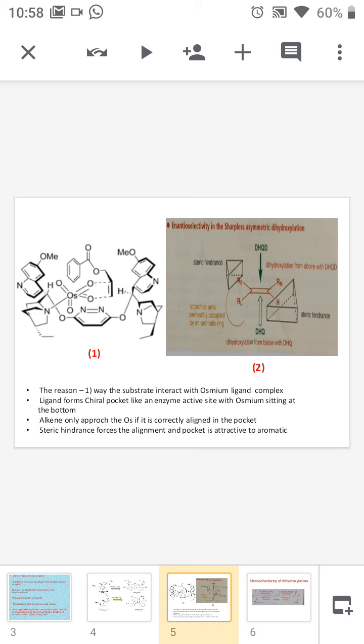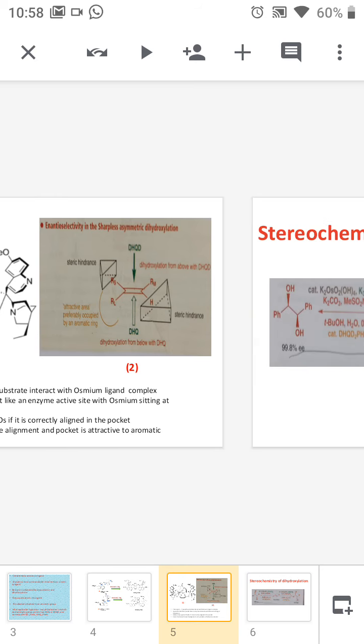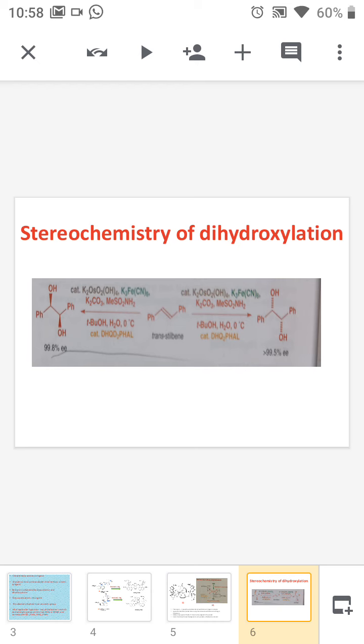Because of this difference, one ligand gives the diol in which the OH groups are away from the observer, whereas the other gives the one in which the OH groups are towards the observer.